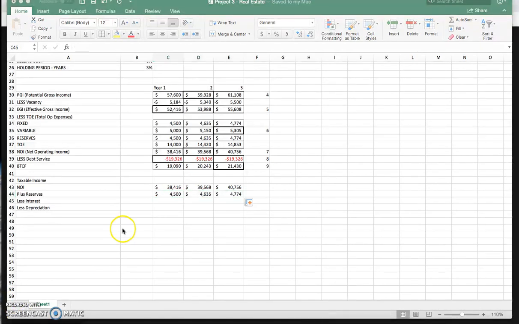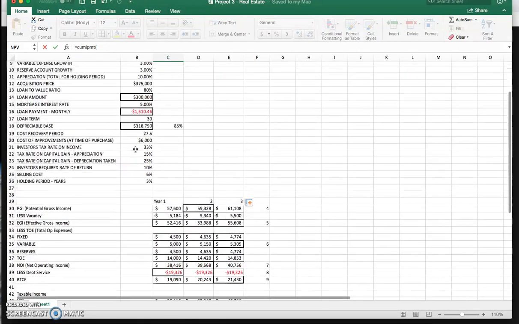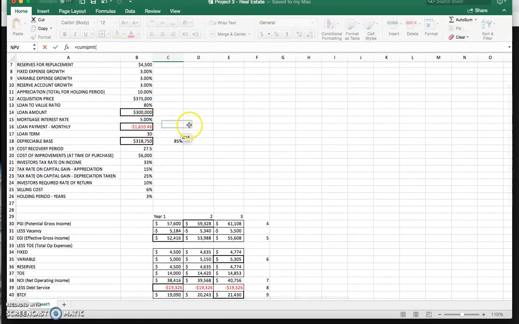Now calculate the interest, and it's actually a relatively long formula, so we'll see how this goes. And I think it's cumulative interest payment, but I could be wrong. But you're going to take first the mortgage rate, scroll up and find that.